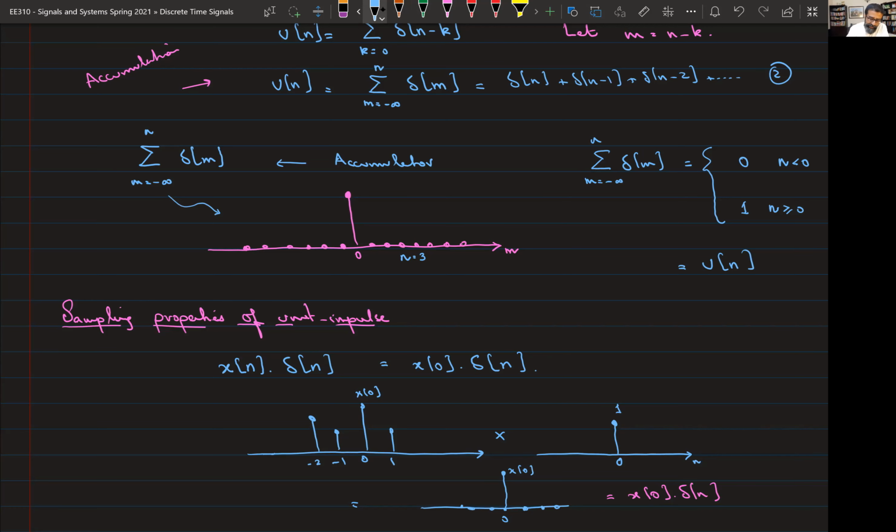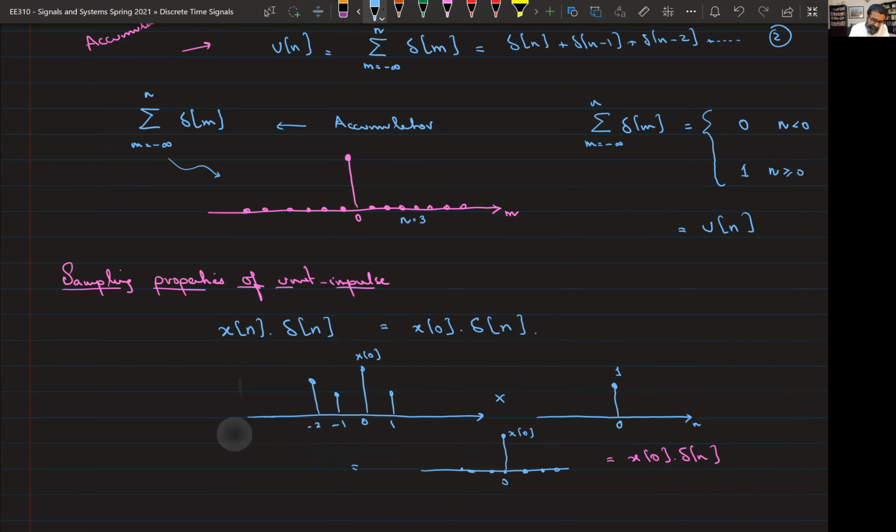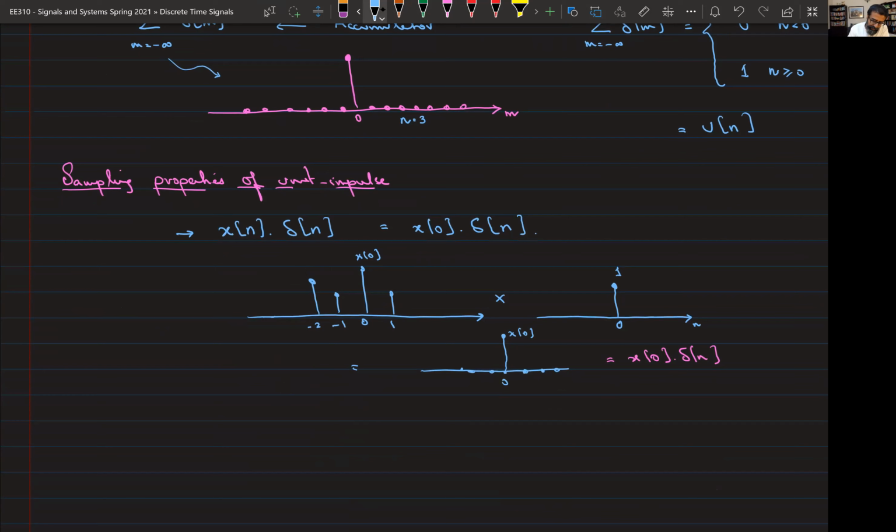So this is x of 0 times delta of n, right? Now, similarly, let me ask you this. What is x of n times delta of n minus n naught? Right, just a simple extension of what we've done up above.